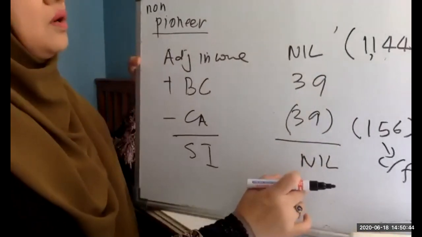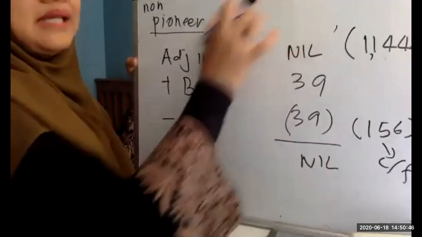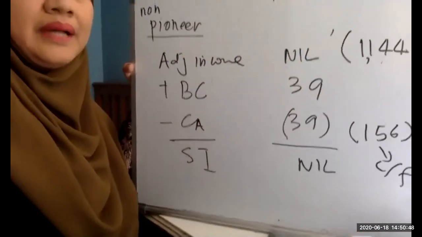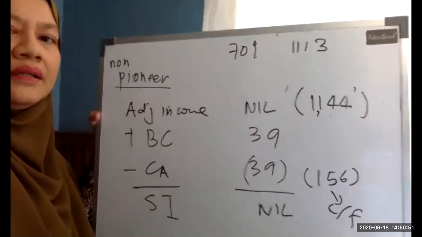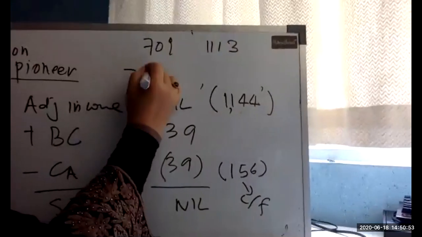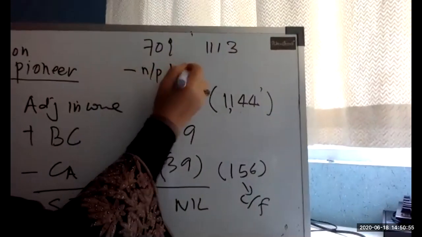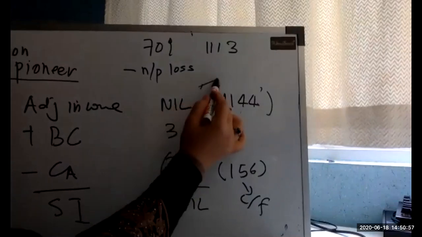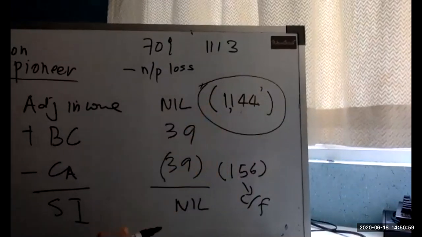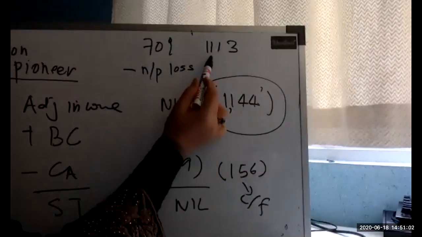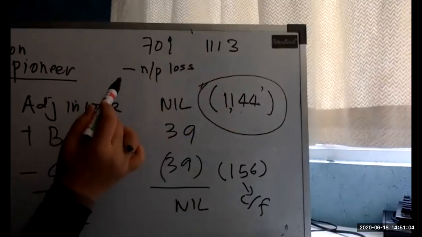Okay, so go back to your 70% just now. Remember that for your 70%, you're going to minus your non-pioneer loss. How much is your non-pioneer loss? You have 1144, but your 70% is only 1113.